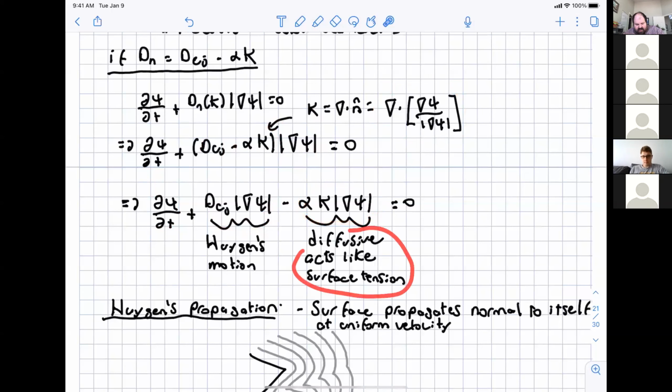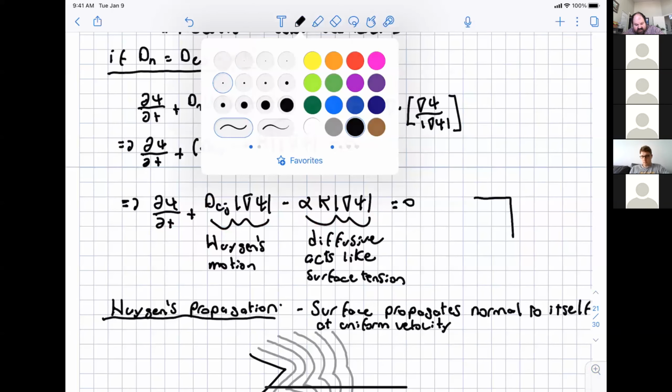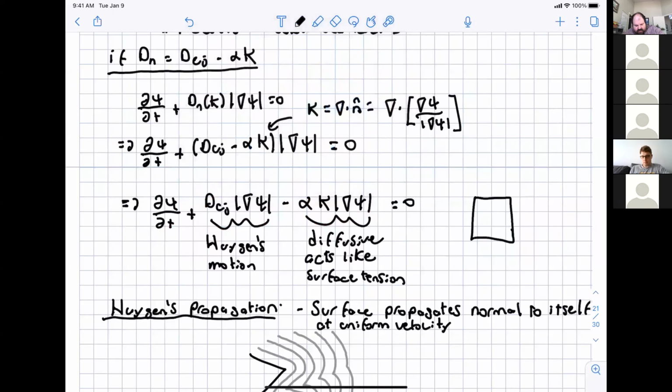If you turn this other term off and just look at this term, and you started with, say, a square detonation wave, this surface-tension-like term would start to turn it into a circle, because the curvature would be 0 here initially, 0 here, 0 here, but very high on the corner. This curvature term is going to round off the corners.